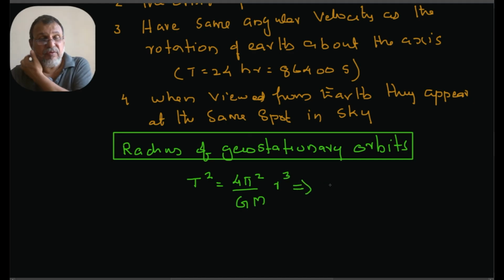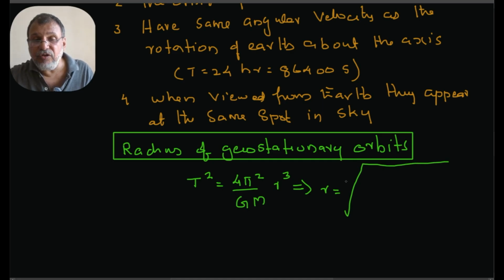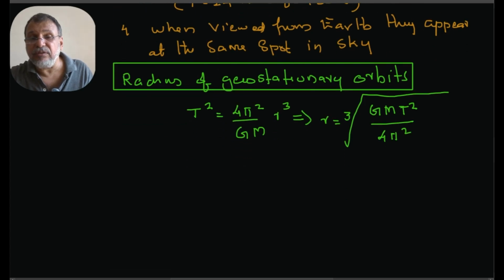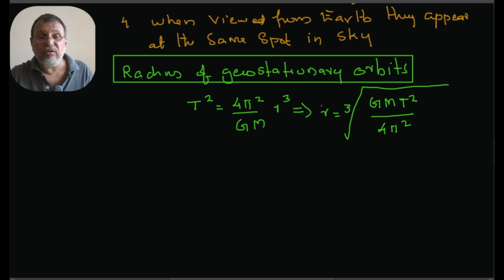From this relationship, we can calculate r, that is the cube root of GM T square over 4 pi square. So let us substitute the values.